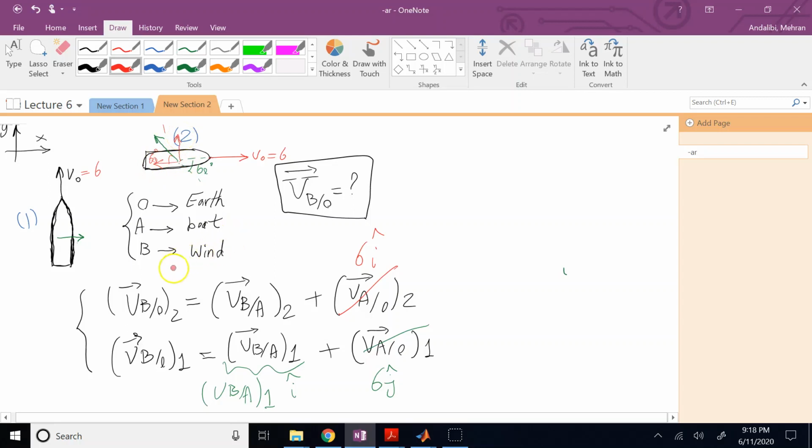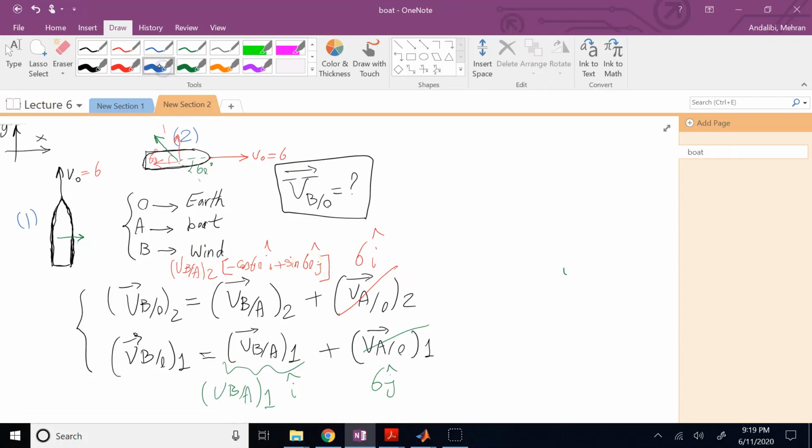I don't know its magnitude, so I leave it as an unknown magnitude, V of B with respect to A in position 2. But then I multiply it by the unit vector, which is negative cosine 60 times i, plus sine of 60 times j. Okay, magnitude times unit vector.